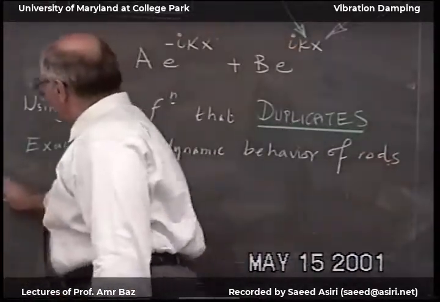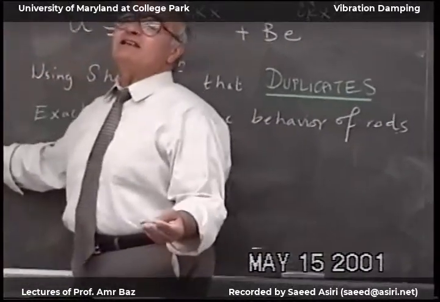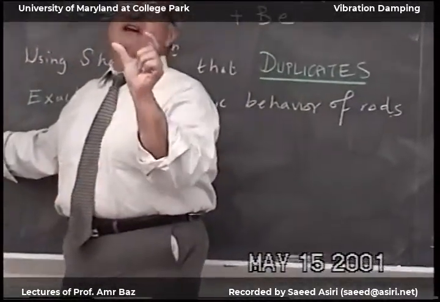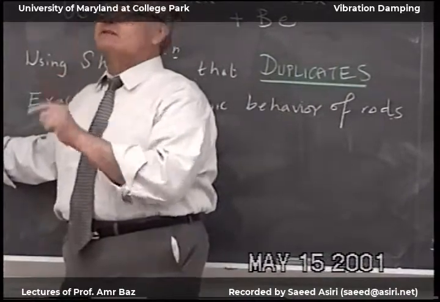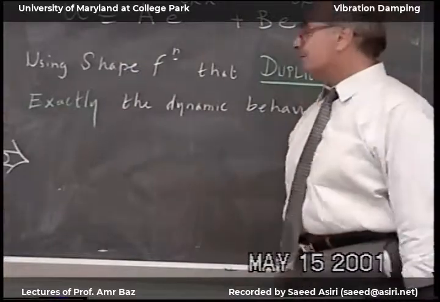The result: I can use here maybe 10 elements to describe accurately the dynamics. Here, I need one element to describe the dynamics.